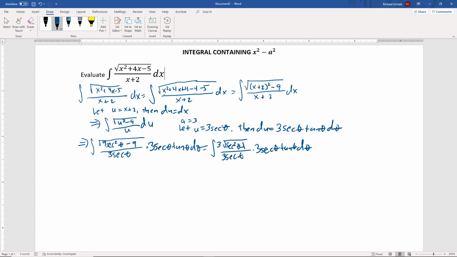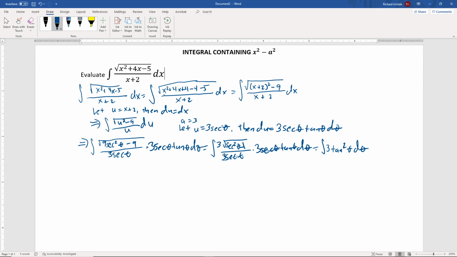So that secant squared of theta minus 1, remember that's equal to tangent squared of theta. So those 3 secant of thetas could cancel. So this would be 3 times the square root of tangent squared of theta, so that'll just be tangent of theta times another tangent of theta, so this would be 3 tangent squared of theta d theta.